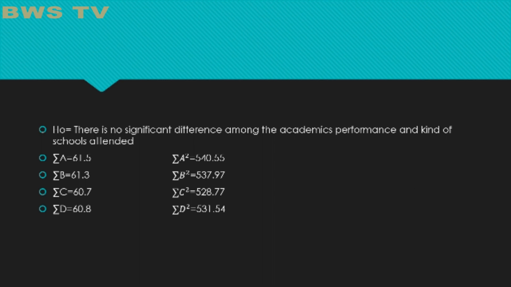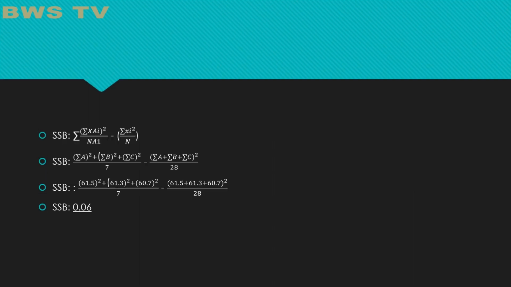Summation of A squared is 540.55, summation of B squared is 537.97, summation of C squared is 528.77, summation of D squared is 531.54.